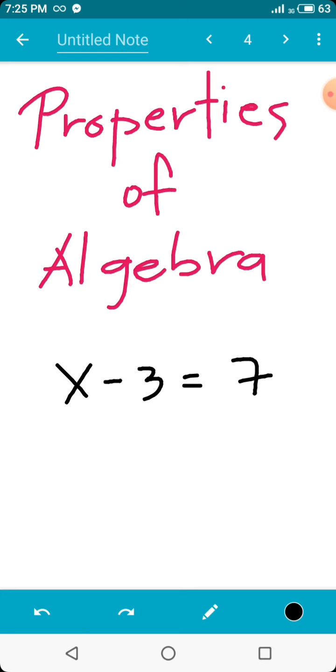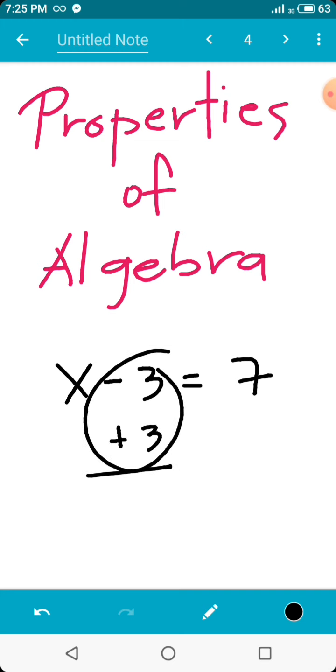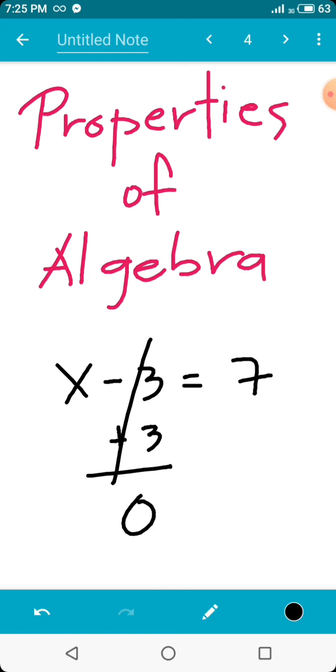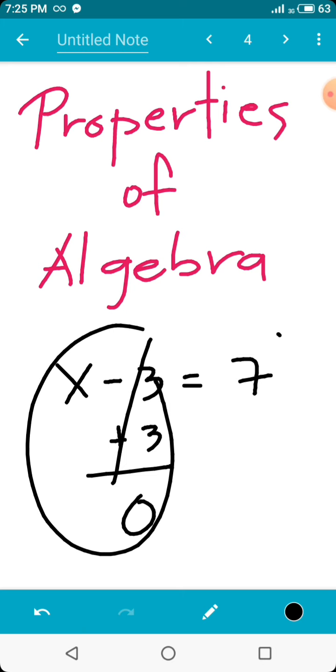So, para maging 0 or technically makancel si negative 3, we need to combine or add 3. Alright? Kasi diba, when we have negative and positive 3, that is 0, or we can just simply cancel it. Alright? And then, dahil equal sides sila, diba? Dapat kung anong ginawa ko sa side na to, ganun din yung gagawin ko sa kabilang side. Or vice versa.